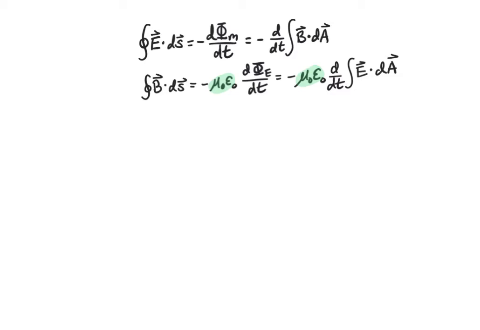And the way that Maxwell showed this to be the case was when he realized that the product of mu naught times epsilon naught has a very familiar value equal to 299,792,456 meters per second quantity squared, which you might recognize as the speed of light squared.